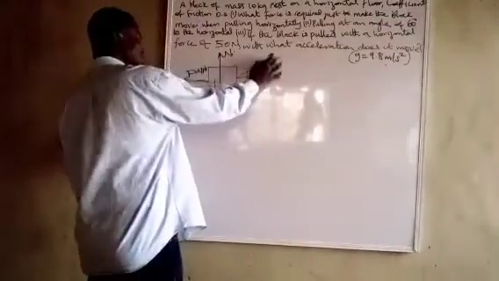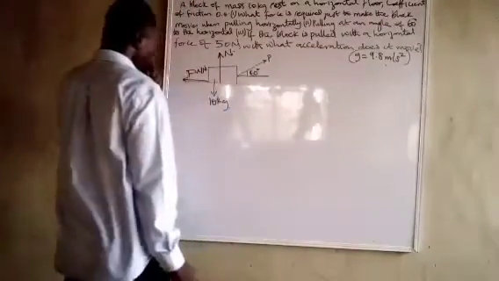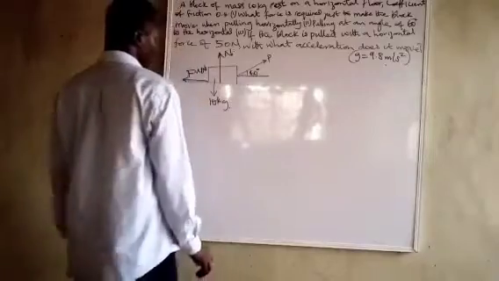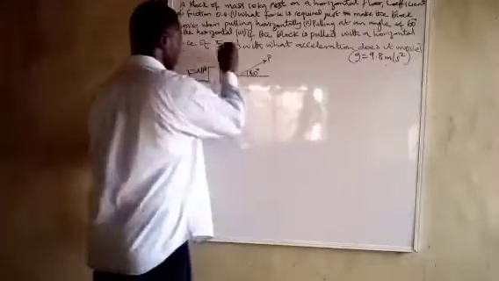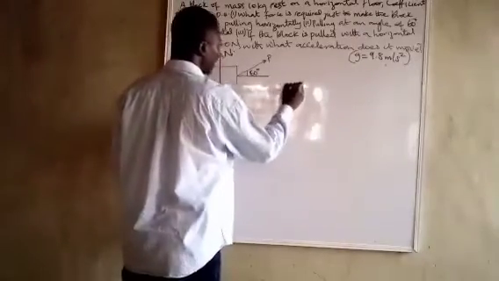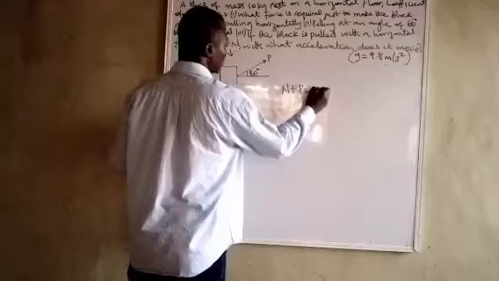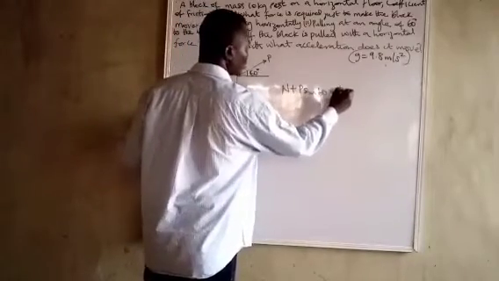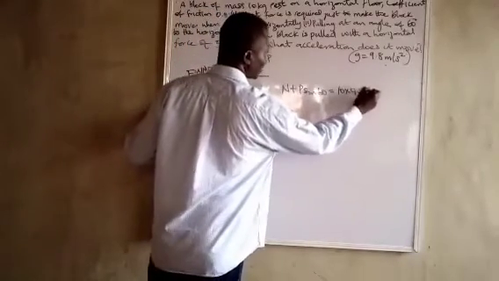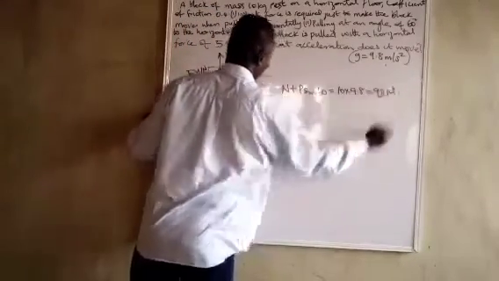Now for B, we are told that the force is now at 60 degrees to the horizontal. On resolving, we realize that N plus P sine 60 is equal to 10 times 9.8, which is 98 Newton.